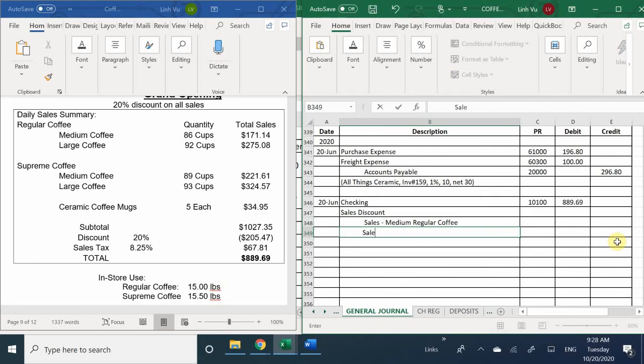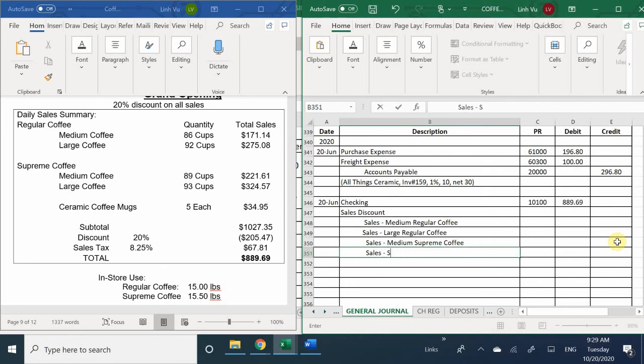Okay, what else? Sales regular large coffee. Okay. Sales supreme medium coffee. Sales, no worries. Sales large coffee.